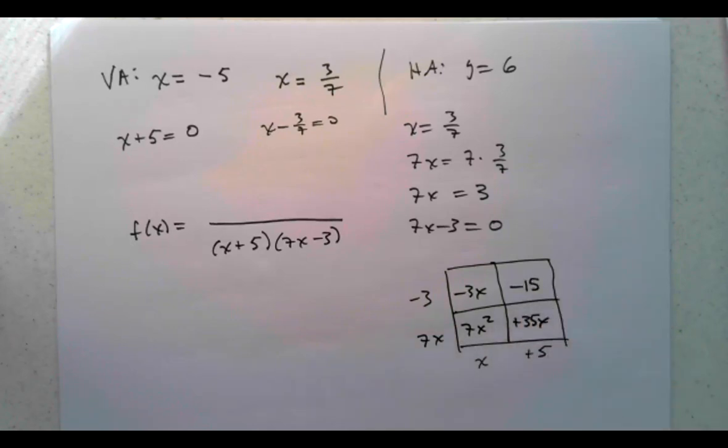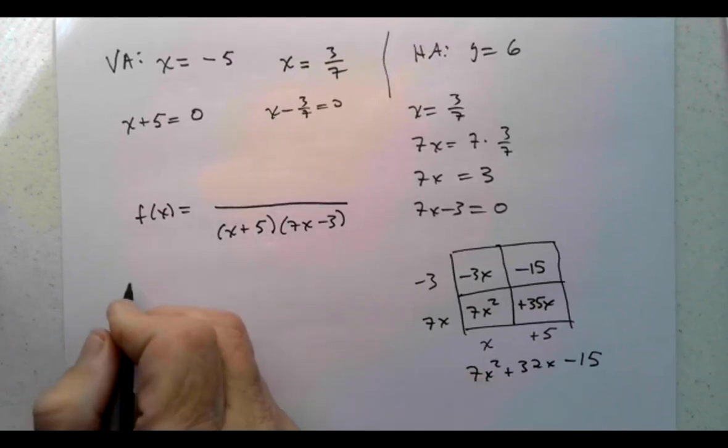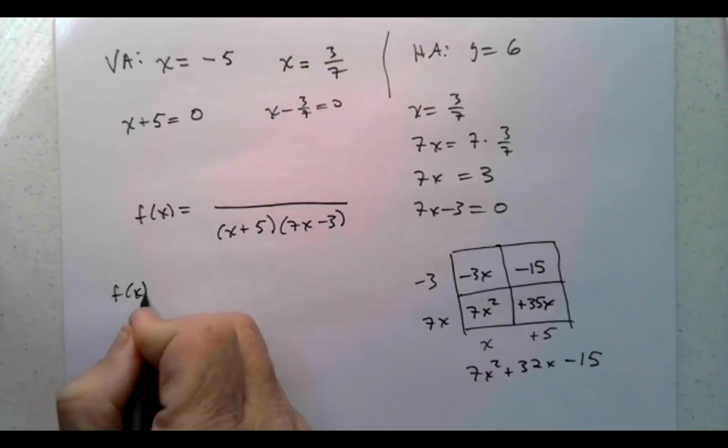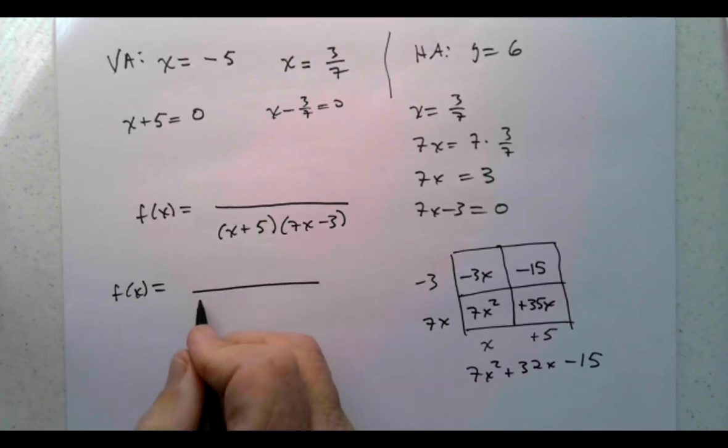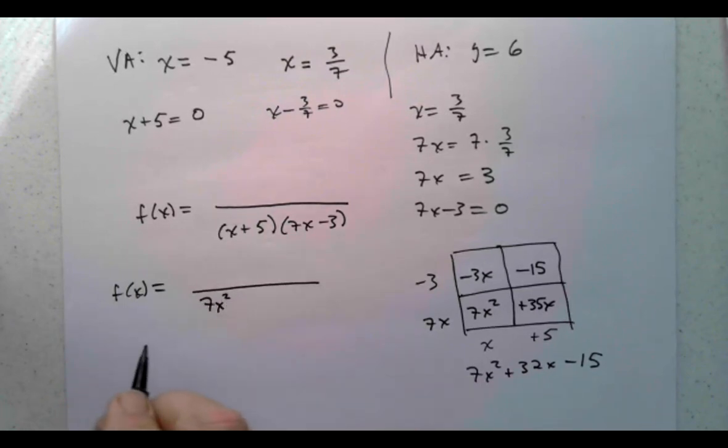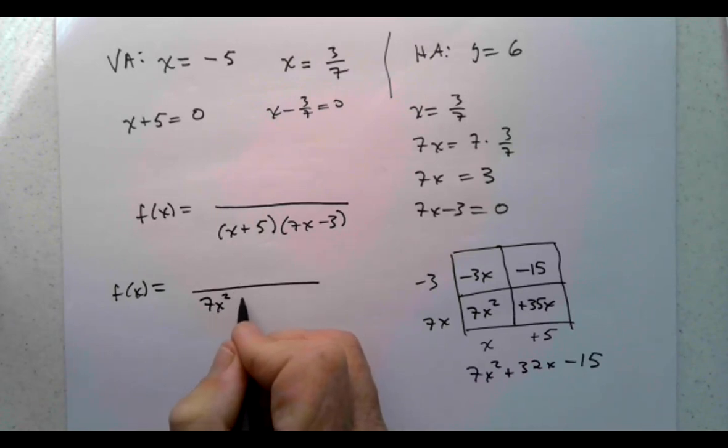So putting all that together, what do we get? We get 7x squared, 35 minus 3 plus 32x, minus 15. So I have f of x, the downstairs part that I have is 7x squared plus 32x minus 15.